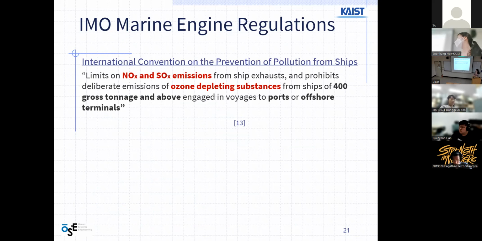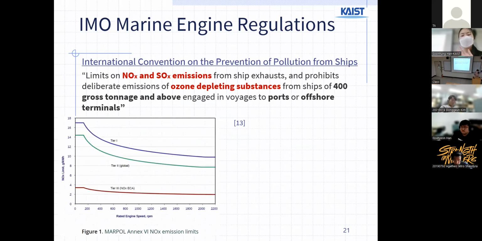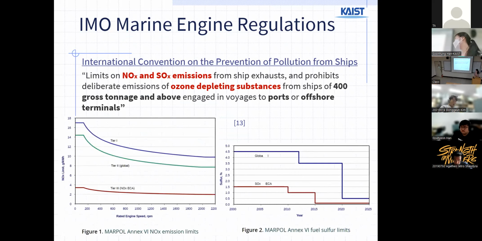It gives you a good idea about what kind of regulations you would actually be facing when designing a ship. For example, even if you design a ship that's perfect in terms of functionality or aesthetics, if you have a large amount of NOx or SOx emissions or environmentally polluting substances, you're going to have to revise your design depending on your system.